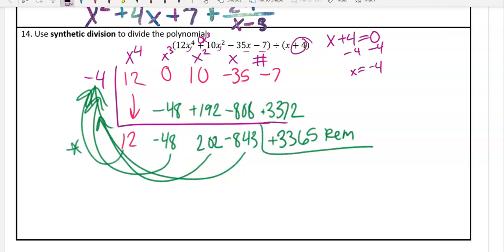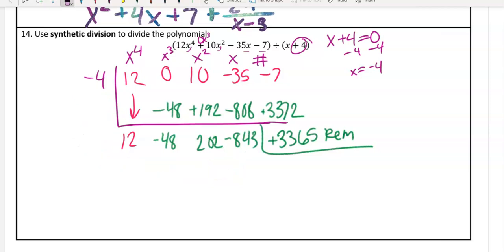So now we need to label our coefficients here. Our original degree was a degree of 4. So that means we're going to be 1 less. So we'll start with x to the 3 and go down.